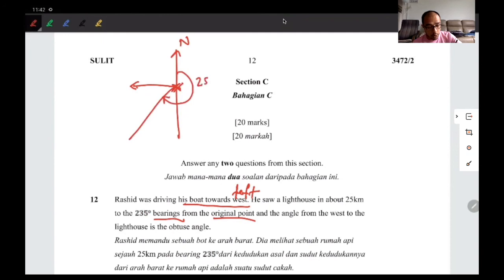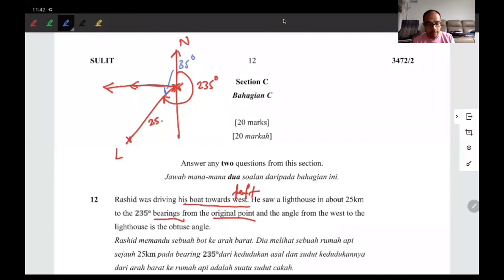And 25 kilometers over here is the lighthouse. Why am I writing 253? Because I'm tired. 235. Now if that is 235, and he is going west, I know this angle. It's 270 minus 235. This angle is 35 degrees.